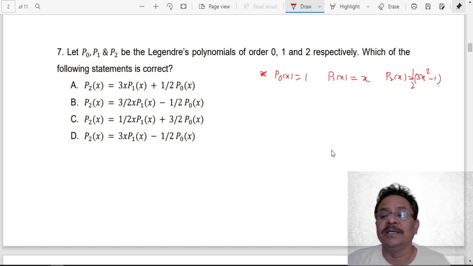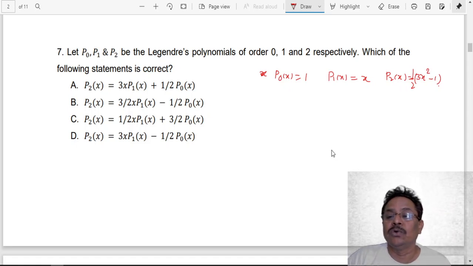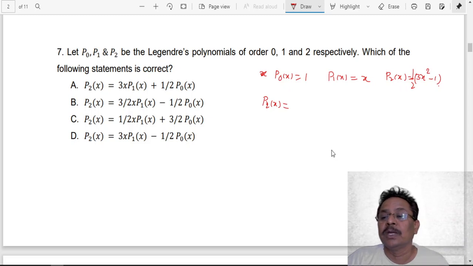So I can understand here, if I write this as P0x, then P2x will be written as 1/2, then this is 3 times x square, so this is going to be P1x square. How to write this?